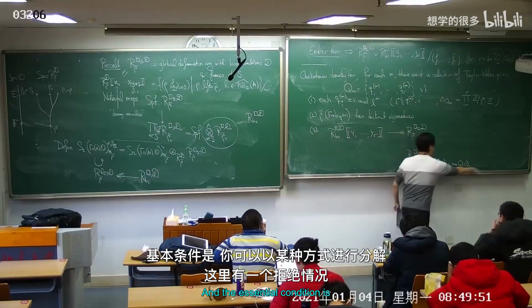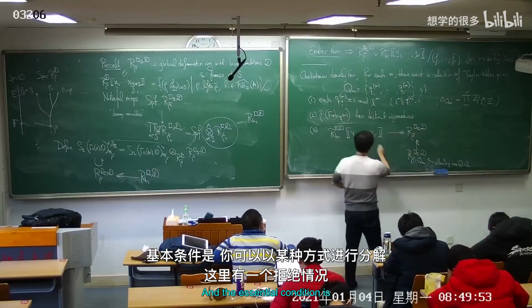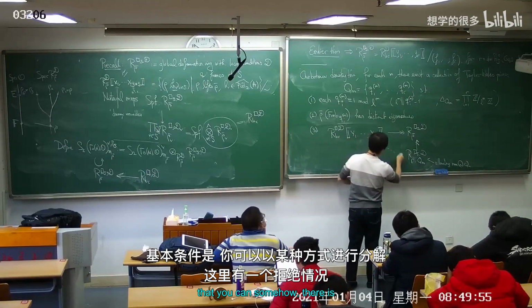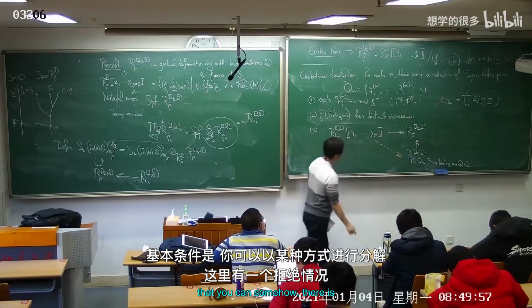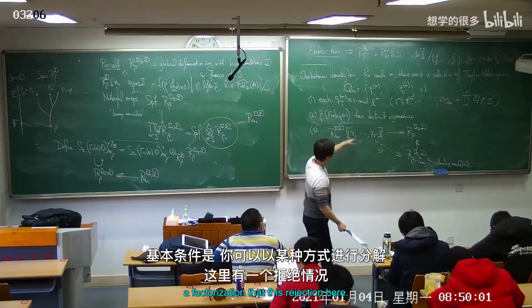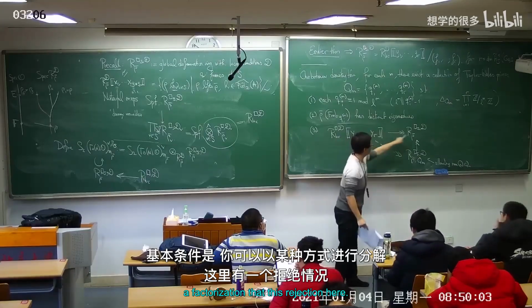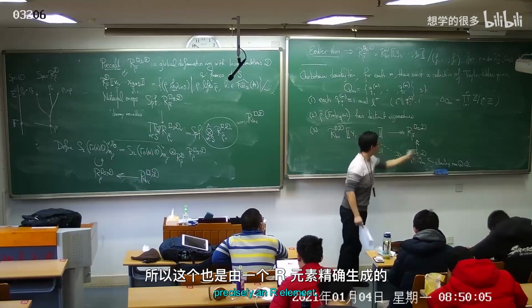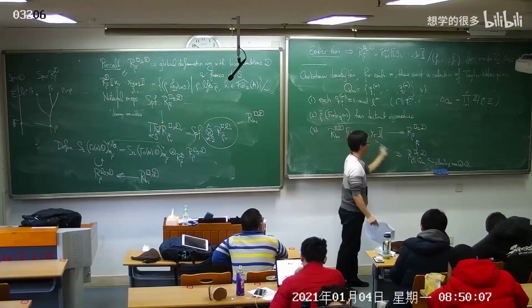The essential condition is that there is a factorization, this surjection here. So this one is also generated by precisely n r elements here.